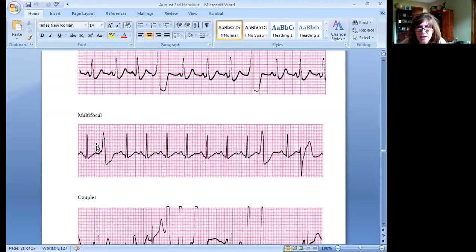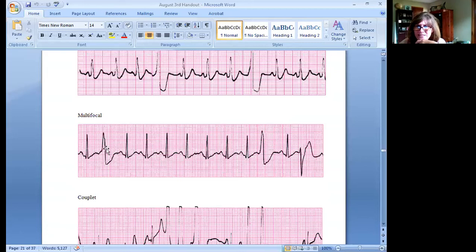Well, let's do a systematic overview. My rate is 1, 2, 3, 4, 5, 6, 7, 8, 9, 10, 11, 12. This heart rate's 120-ish. What do I have here? Well, this was a P wave and a good QRS. This guy came early and the QRS is wide and the T wave's oppositely deflected.